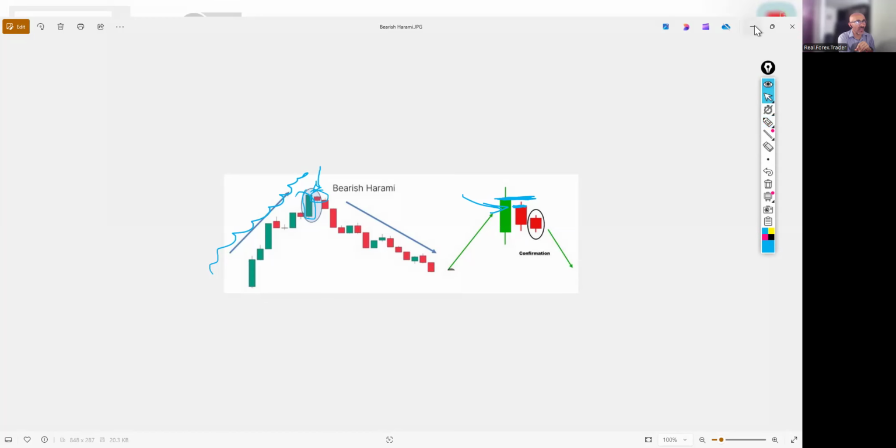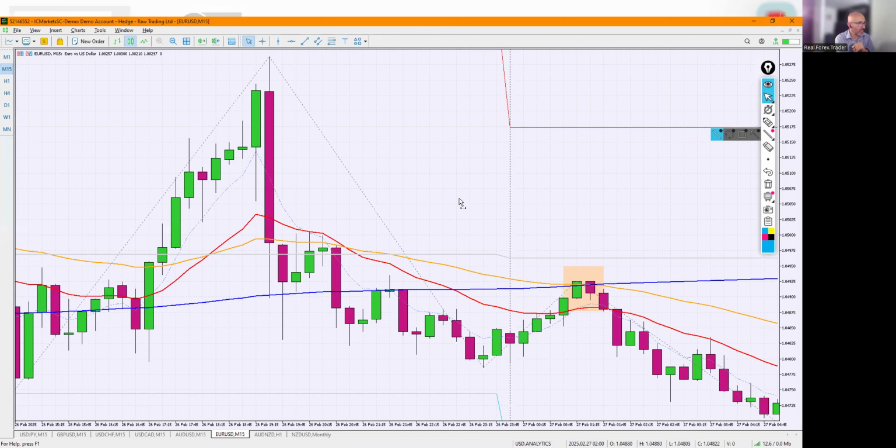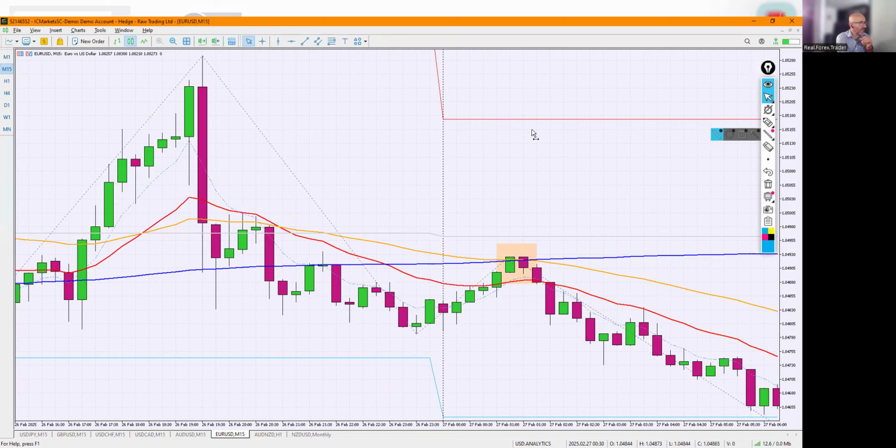So let's see the charts in order to spot this pattern. I previously searched my charts in order to spot it. So let's take a look at this one. This is a very interesting change of direction.